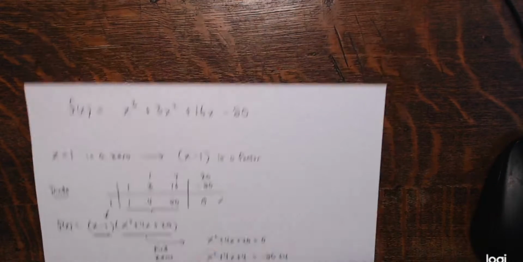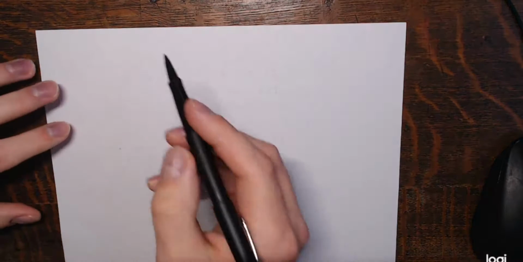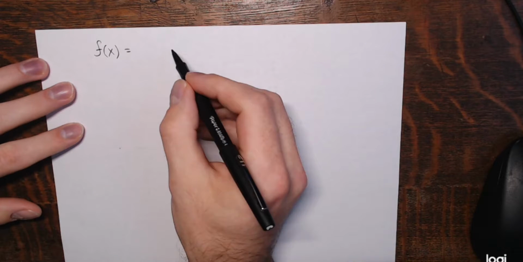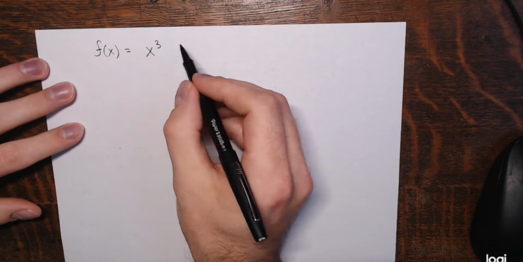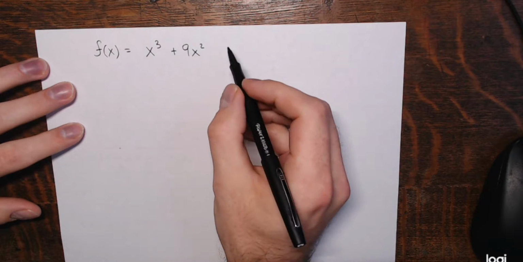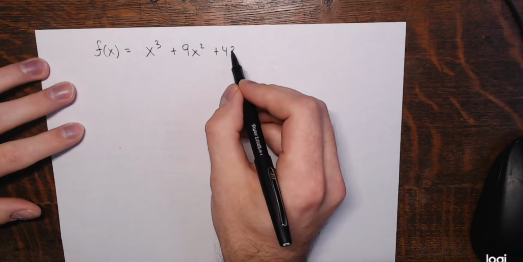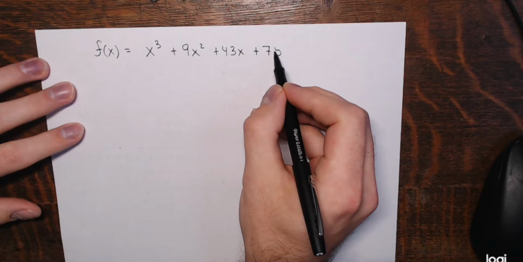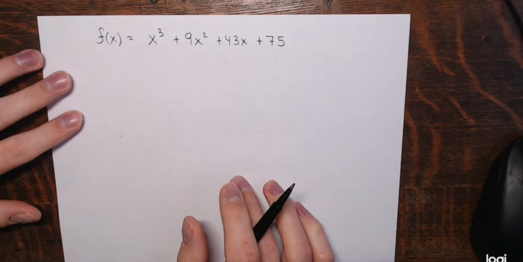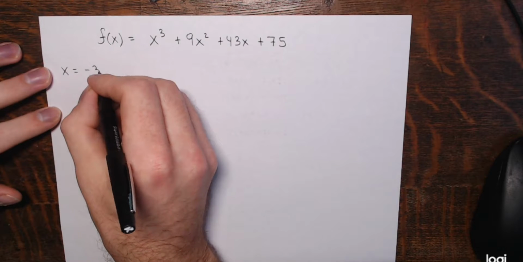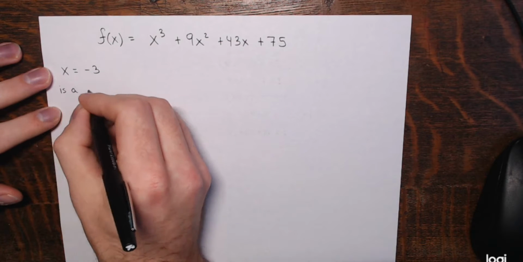Okay, so very similar setup to this last example. So we have x cubed plus 9x squared plus 43x plus 75. And again, we're told that x equals negative 3 is a zero.